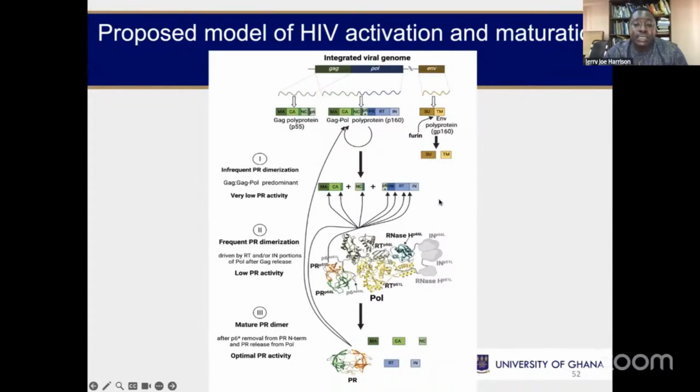What it means is that the stable or active units that are needed for downstream processing don't have to be figured out again. Through the Gag-Pol dimerization, you are creating these active units that are going to be used for downstream processing. That remains a very clever way of making sure that the timing doesn't get delayed because you can't find binding partners.